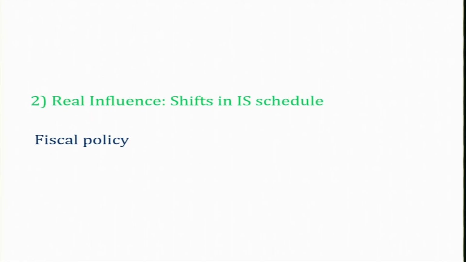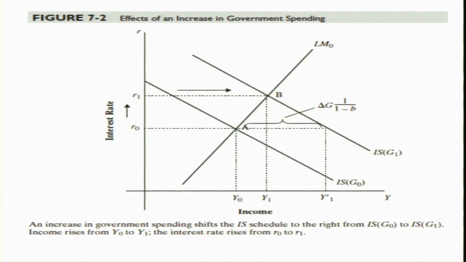And another point: what about the real influence when there is a shift in the IS schedule? Let us consider fiscal policy. You know that, for example, due to an increase in government expenditure, the IS curve will shift rightwards. What we are showing here is the IS curve shifting rightwards.